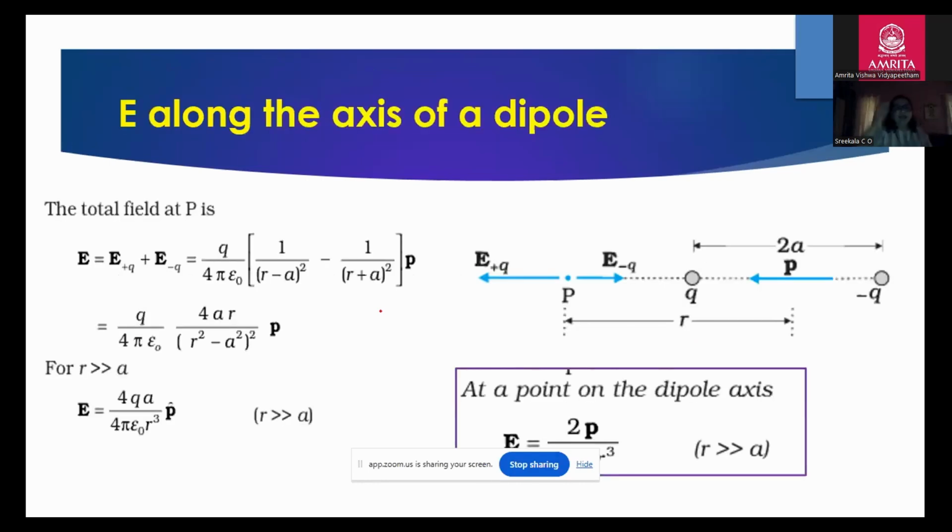Now, the electric field along the axis of a dipole. Here you can see a dipole, this is the minus q charge and this is the plus q charge, and the distance between them is 2a.